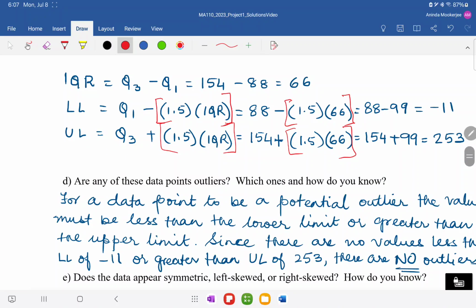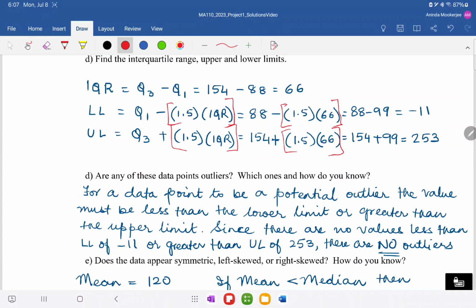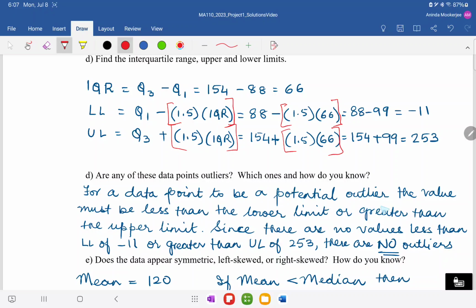Okay, so part D says, are any of these data points outliers? Which ones and how do you know? So it says for a data point to be a potential outlier, the value must be less than the lower limit or greater than the upper limit.